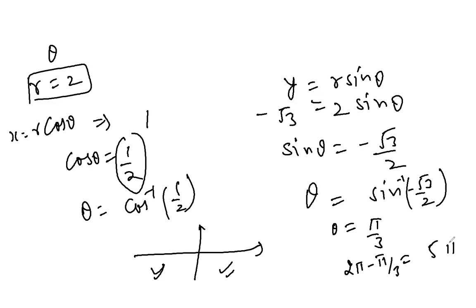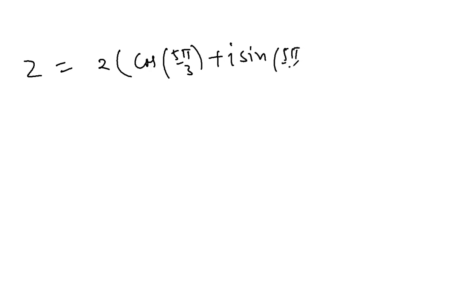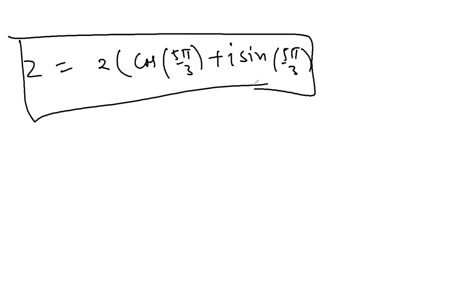So it will be 5 pi by 3, and for the same angle you will get the sine negative. So the final representation of the complex number will be 2 into cos 5 pi by 3 plus iota sine 5 pi by 3. So this is the polar representation of the complex number.